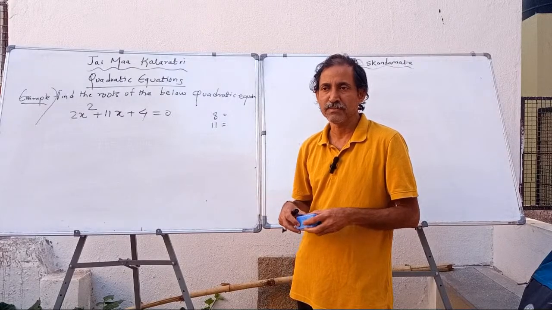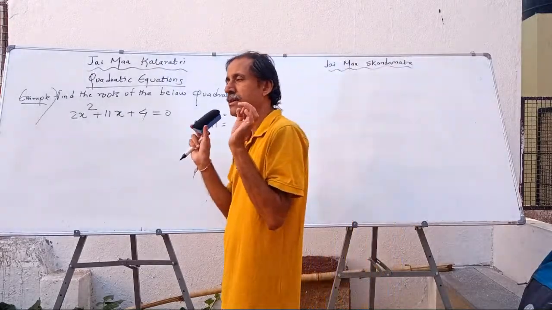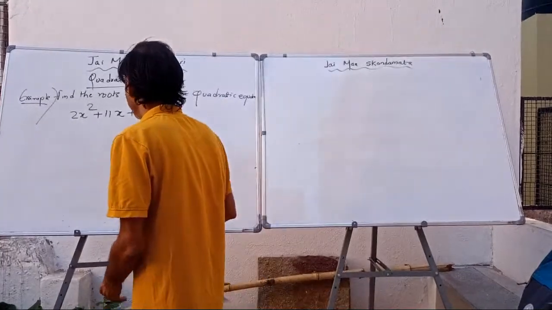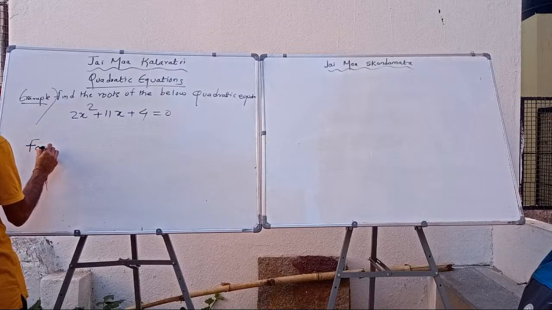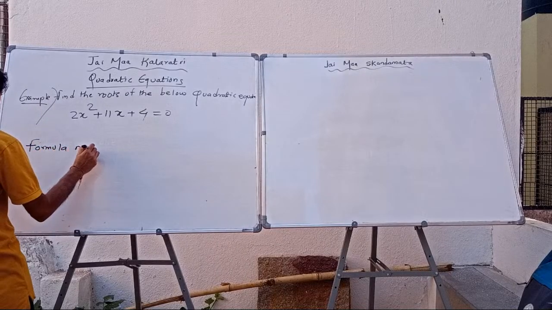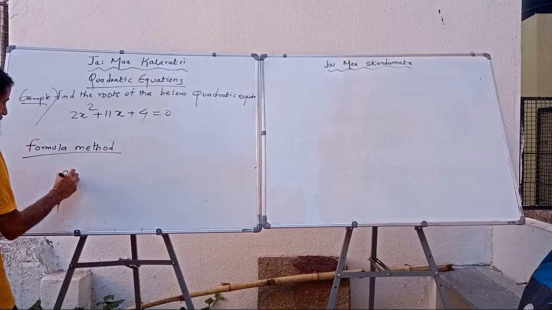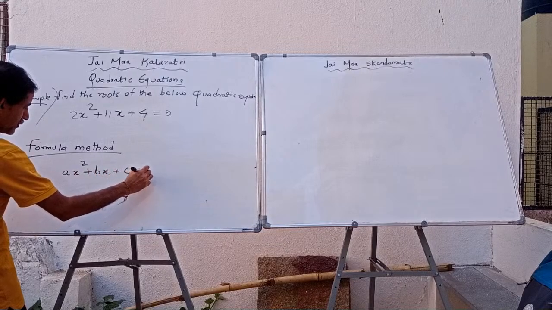That way, it's not going to work. You're able to appreciate this, right? So let's find out a formula which will work always. So let's say it's ax square plus bx plus c is equal to 0.